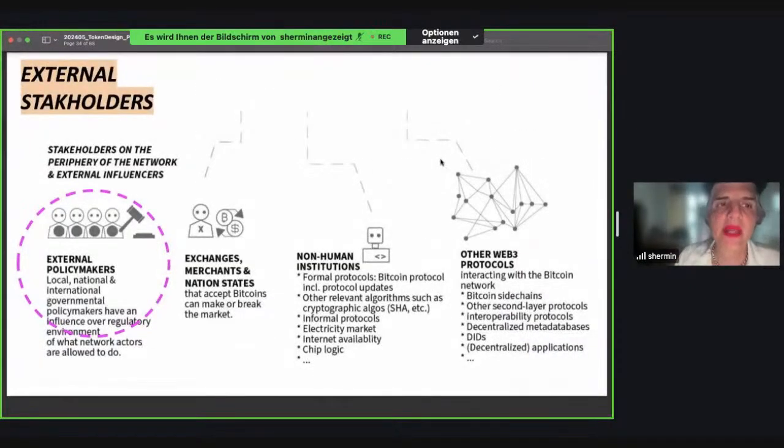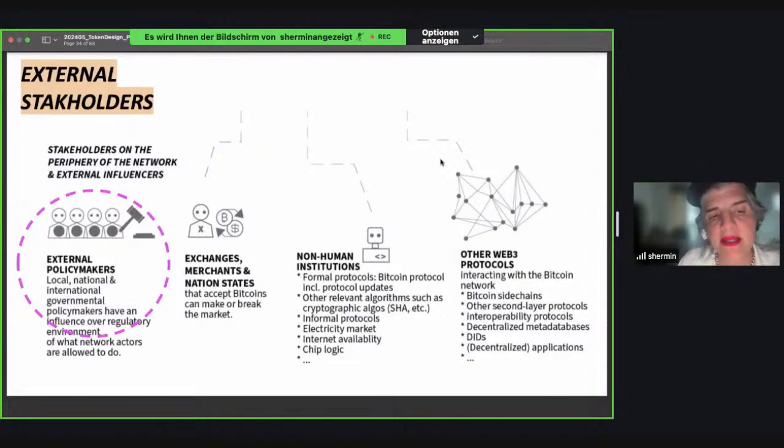On the other side, we have external stakeholders, or stakeholders at the edges of the Bitcoin network, on the periphery, that influence in one shape or another the conditions of the network over time. External policymakers didn't used to care very much about Bitcoin in 2009. Bitcoin was still a fringe phenomenon.